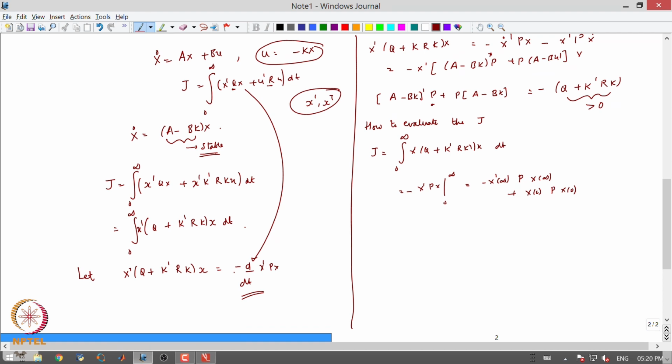Now, since A minus BK is stable, this will go to 0, and what I am left with is J equal to X naught transpose P X naught. So this means that I can find the performance index J in terms of the initial condition X naught, which is given to me, and P.